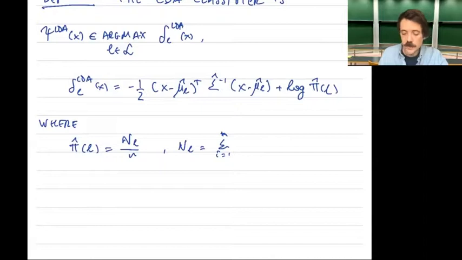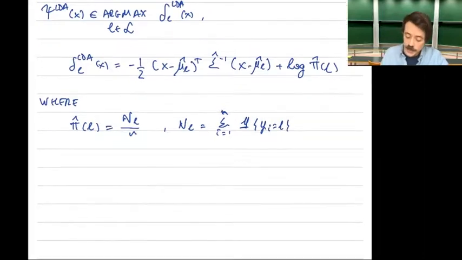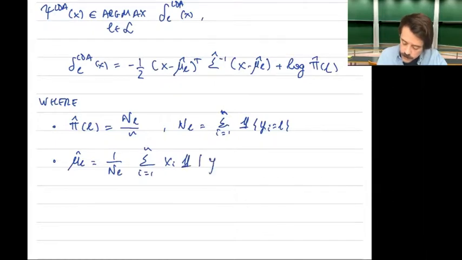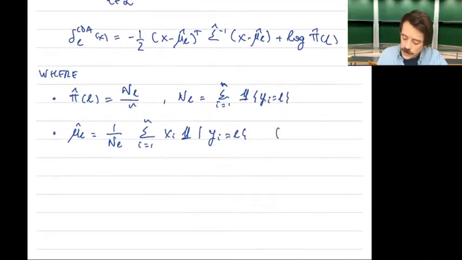Then N_L is just the number of data points that had label L. The other thing that we can define is the means, which are called the class centroids. These are of course the mean of those x's whose label is L. So this is the Lth class centroid.